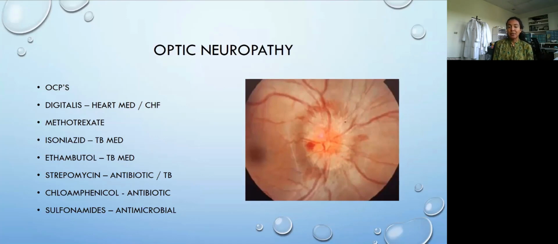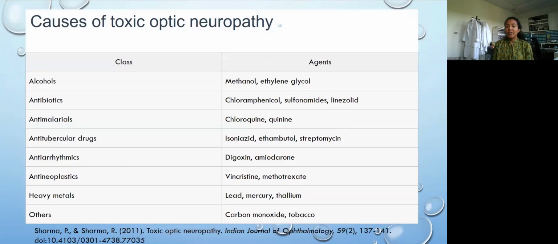So remember ethambutol. Streptomycin is an antibiotic, also used to treat tuberculosis. Chloramphenicol is another antibiotic, and sulfonamides are antimicrobials. So these are drugs to remember that cause optic neuropathy. And again, here is another slide of drugs that can cause optic neuropathy.